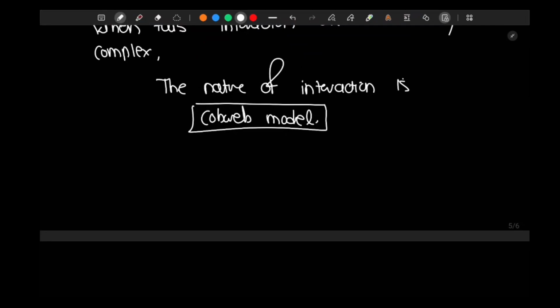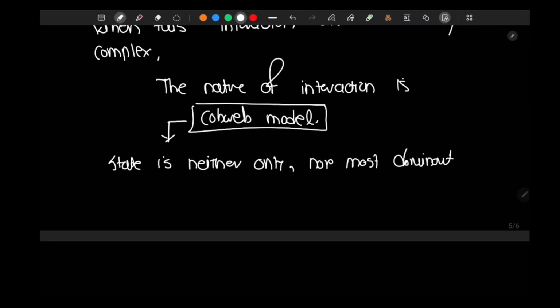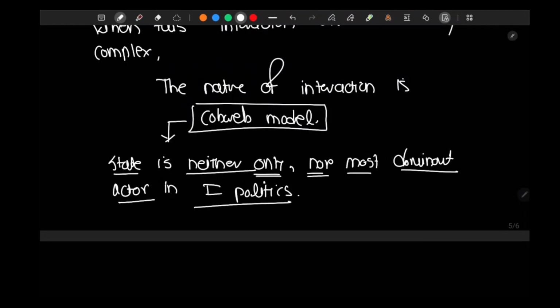is basically interaction between states which is extremely complex, right? Like a spider's web, which is very complex. In the cobweb model, number one, interaction is very complex, and in the cobweb model, the state is neither the only nor the most dominant actor in international politics.